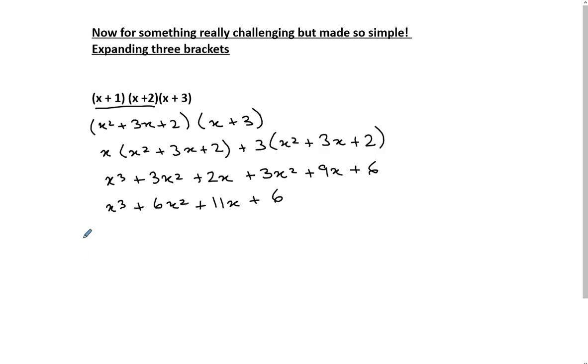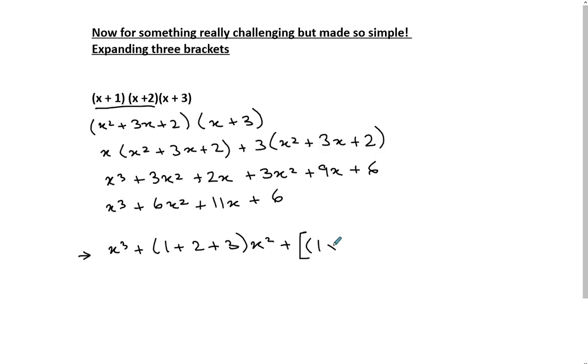Okay, there is another method, if you feel comfortable with it. You know it's going to be x cubed. And then what you do is you actually add your numbers. So you go 1 plus 2 plus 3. And that's what's going to be attached to your x cubed. And then you actually multiply each of those numbers in turn.